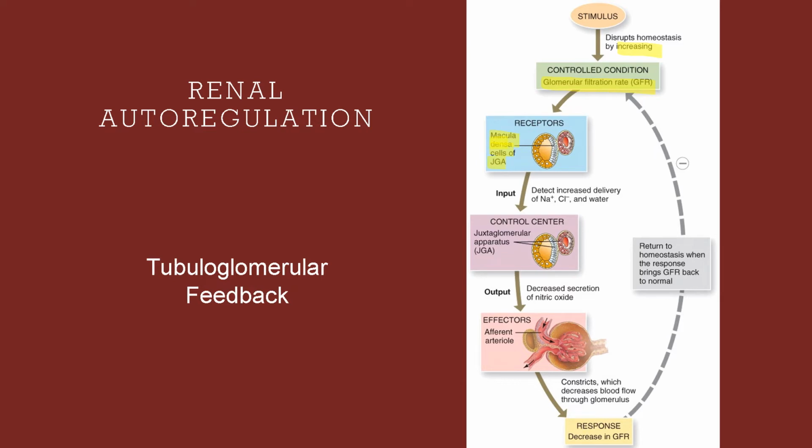So when the filtration rate increases, these macula densa cells are going to detect this. They're going to detect the increased delivery of sodium and chloride and water. When they detect this, they are going to decrease the secretion of nitric oxide.